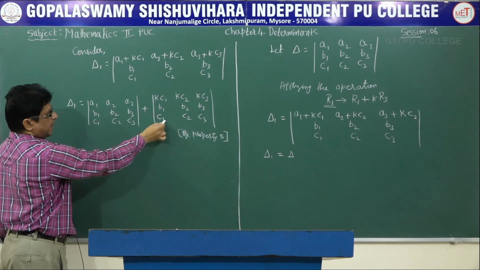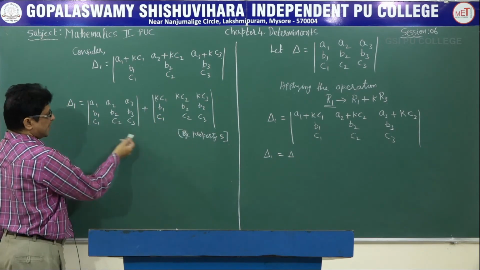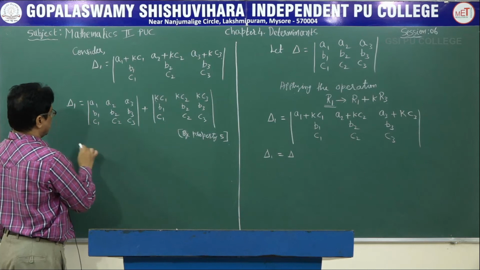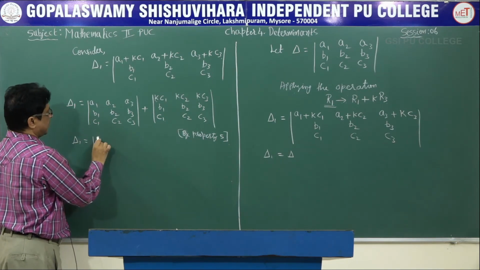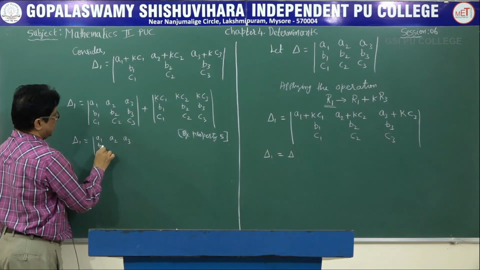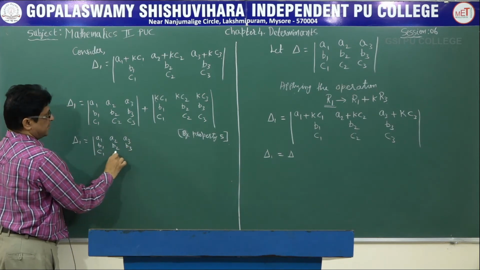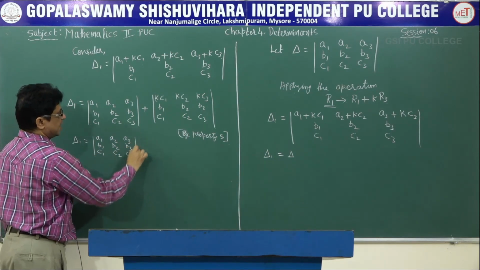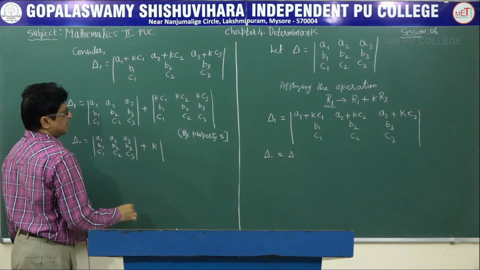So in the second determinant, you can take the constant outside, that is by property 4. So delta 1 is equal to the determinant of a1, a2, a3, b1, b2, b3, c1, c2, c3 plus K times the determinant of c1, c2, c3, b1, b2, b3, c1, c2, c3.